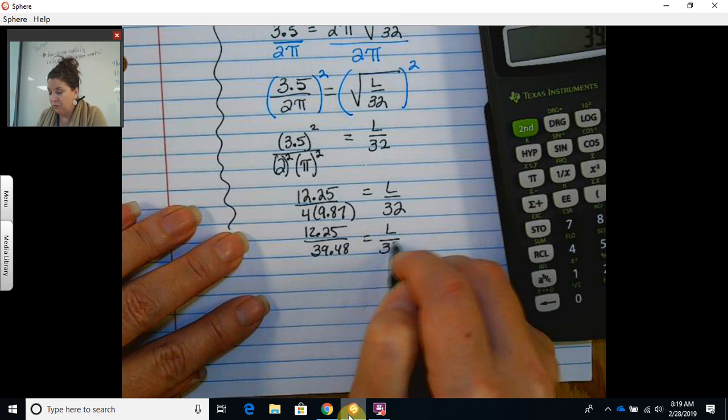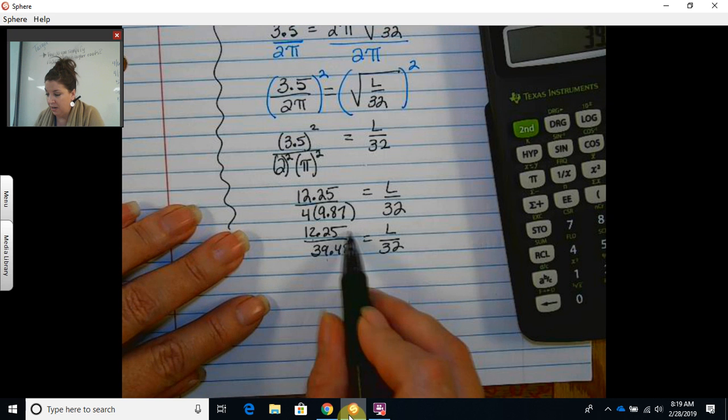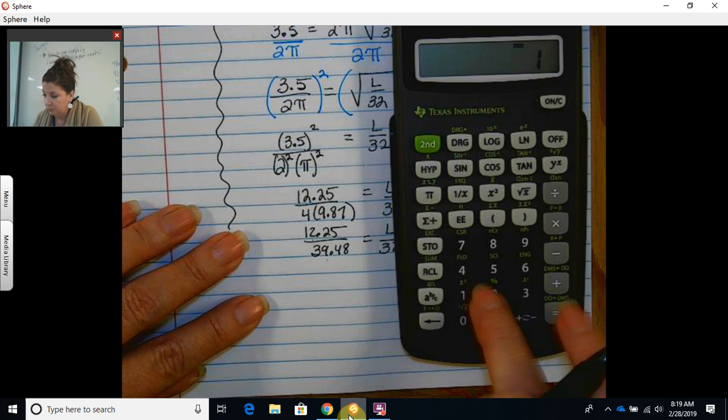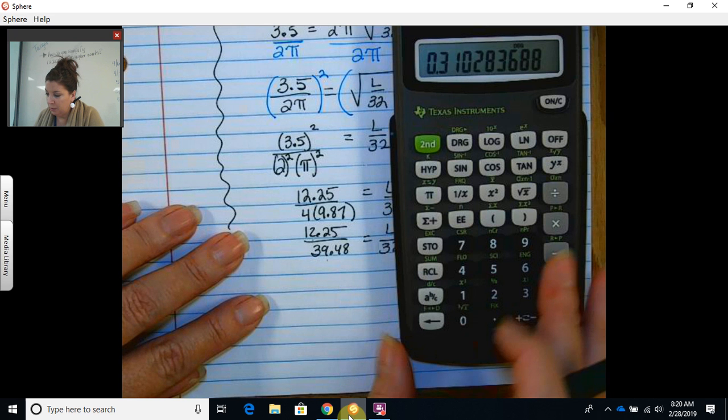And before I try to clear that fraction, I can simplify that. This is all in decimal, so I can do 12.25 divided by 39.48. And I get approximately 0.31.